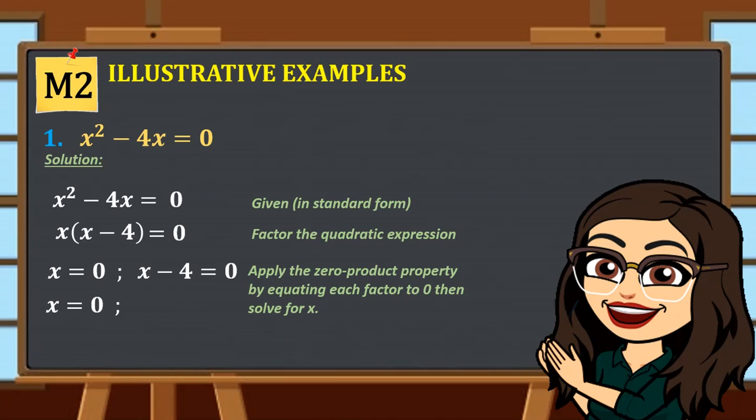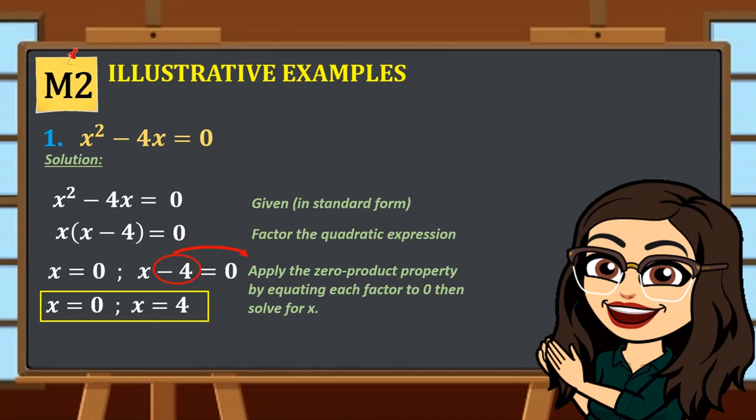But to shorten the procedure, we will simply transpose the term to the other side. Remember to change the sign of the term as you transpose it. From negative 4, this will become x equals positive 4. These are the values of x: 0 and positive 4.